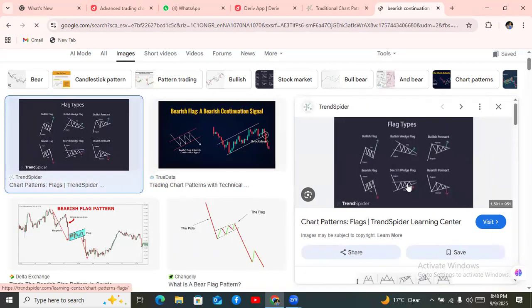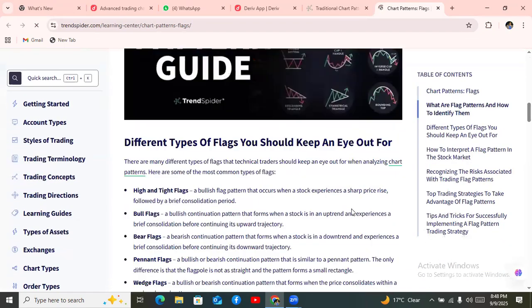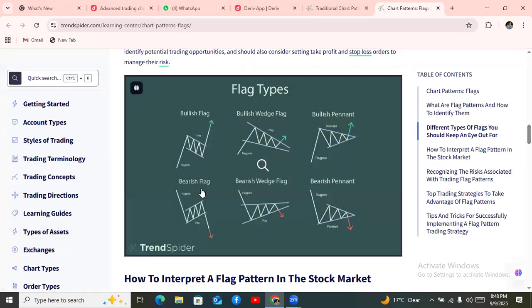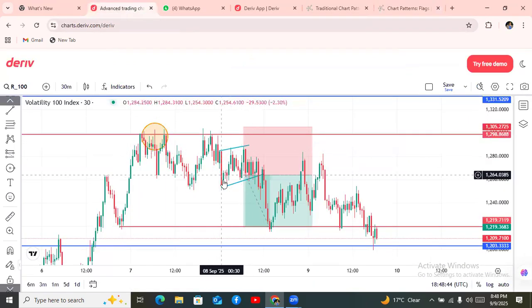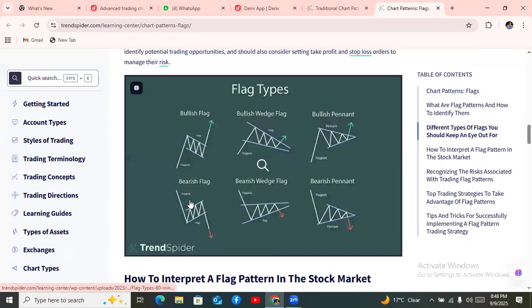Okay, so we are looking at this image to give us a better continuation flag. Yes. So this is the bearish continuation flag that we saw. You see, this flag, it's not exact, but it looks something similar to that.